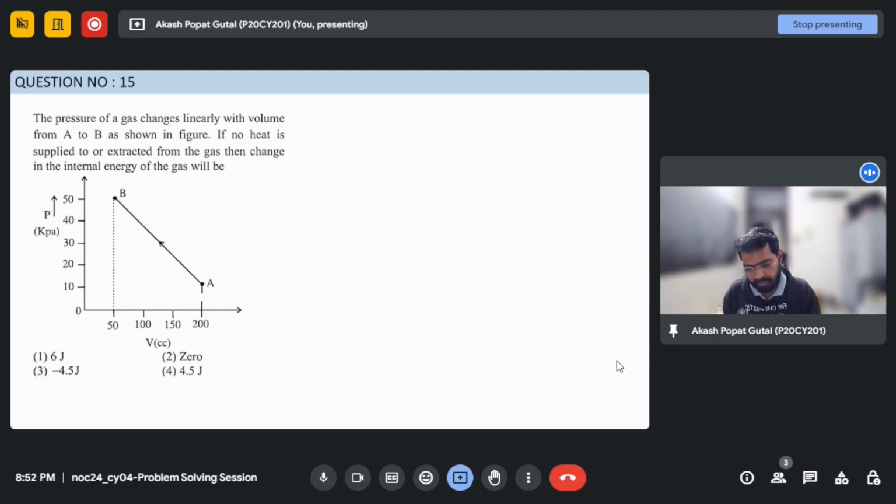What is given is the pressure of the gas changes linearly with the volume from A to B as shown in the figure. If no heat is supplied to or extracted from the gas, the change in heat dq is zero, and we are asked what the internal energy will be.